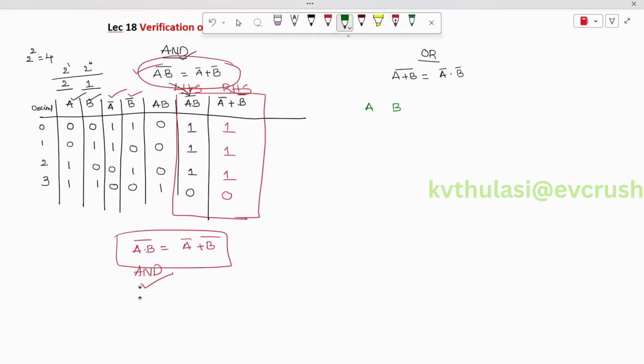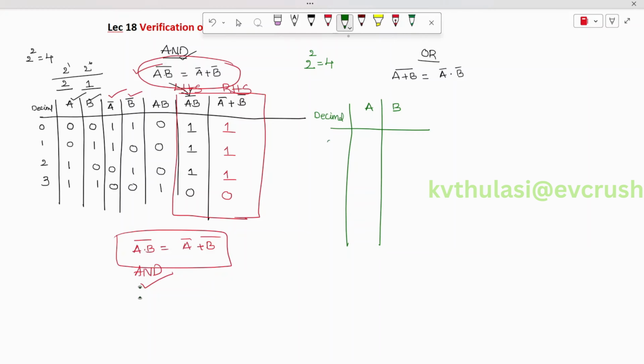Okay, so when you have the table like this, the same as we already discussed. Here you are going to have two inputs. Whenever two inputs are there, it is 2 to the power of the number of inputs, 2 squared is equal to 4. So how many decimal numbers can we get here? 4 numbers.